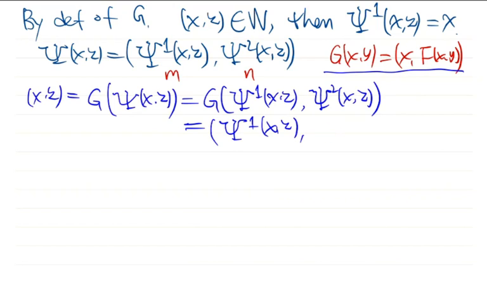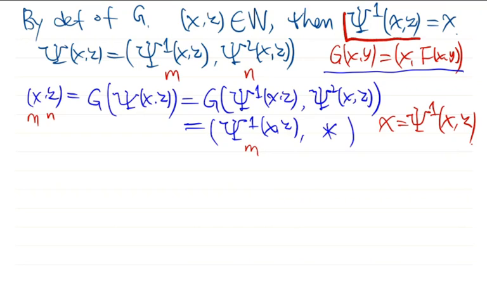And this part, we don't care what it is. We don't care about the last n components of this. But here x is n-dimensional, z is n-dimensional. Here psi1 is also the n-dimensional part of the image. Therefore, comparing this, we conclude that x is psi1(x, z). So this proves our conclusion that psi1(x, z) is x.